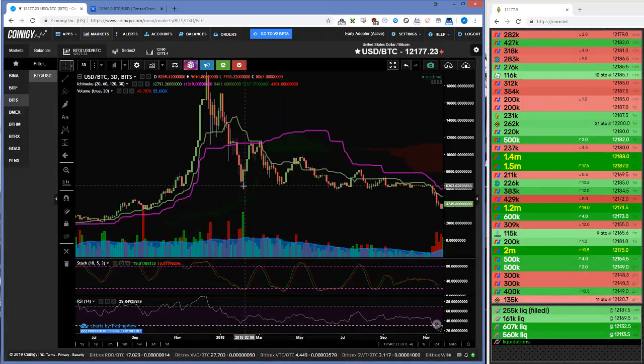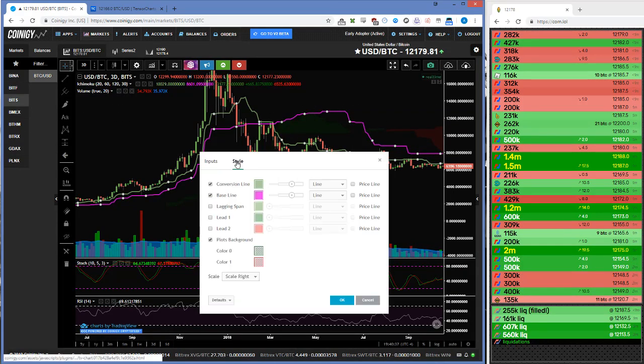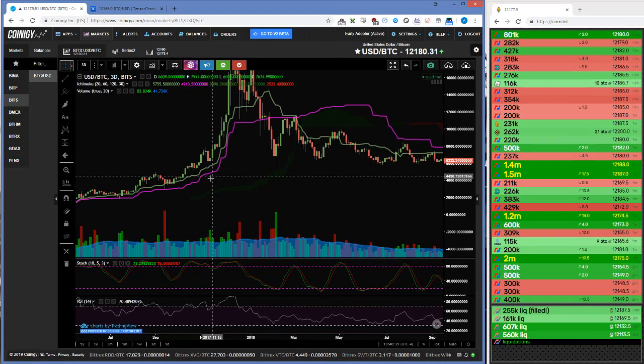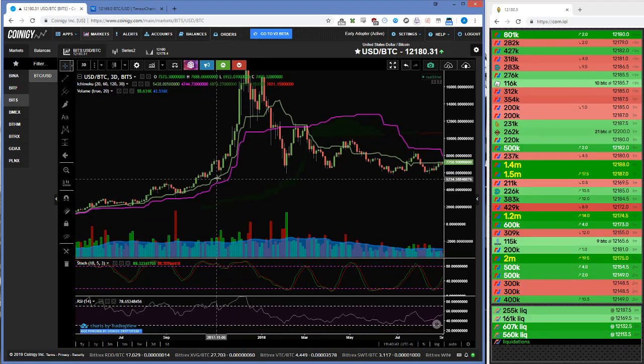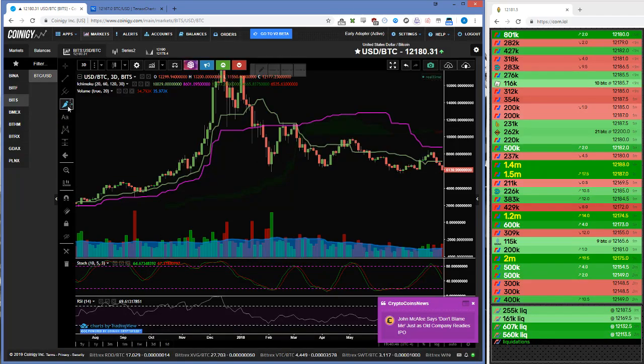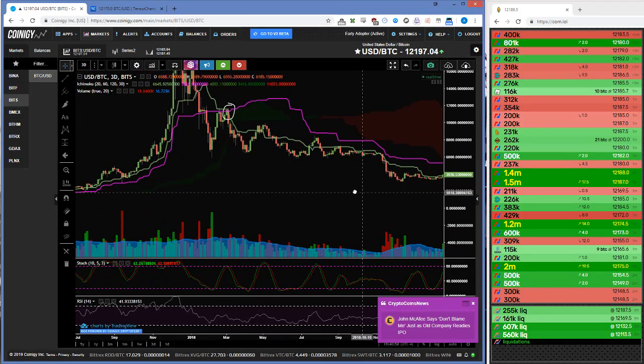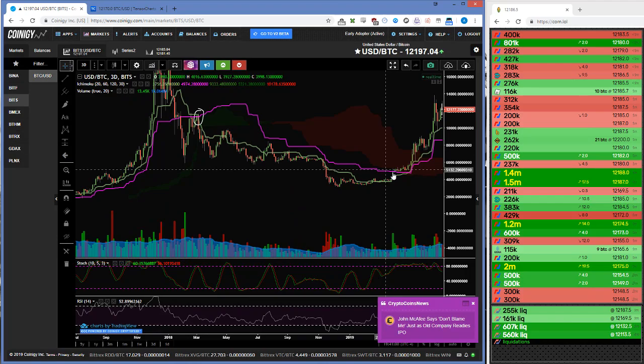I don't remember what they're called, they have Japanese names. When the one line is above the other line, you're in a bull trend. And when it crosses and this line is above this line, you're in a bear trend. Pretty obvious.